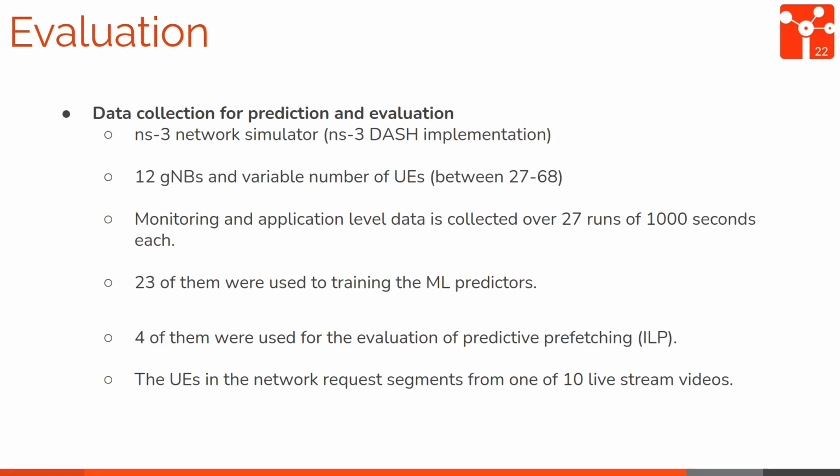The monitoring and application-level data is collected over 27 runs of 1000 seconds each, where 23 of them were used for training the machine learning predictors, and the remaining 4 were used for evaluation of prediction and prefetching for the ILP model. The user equipments in the network request segments from one of 10 live stream videos.